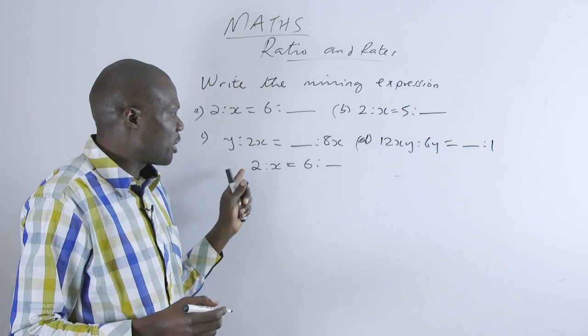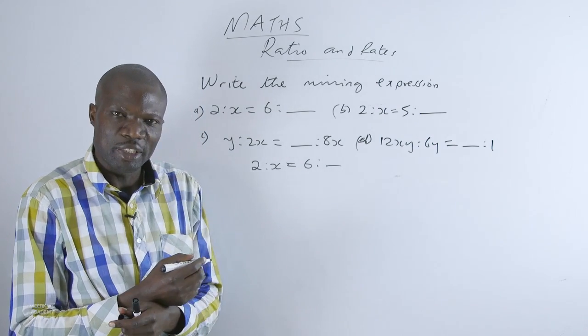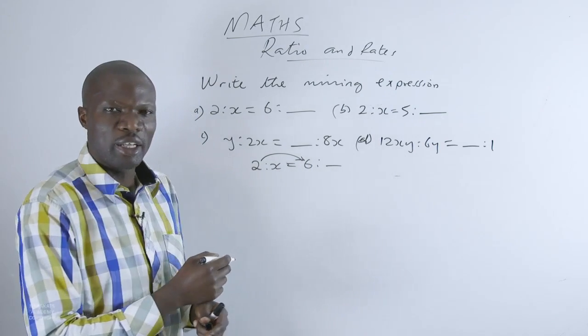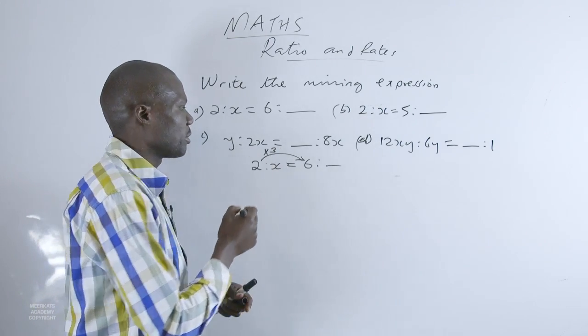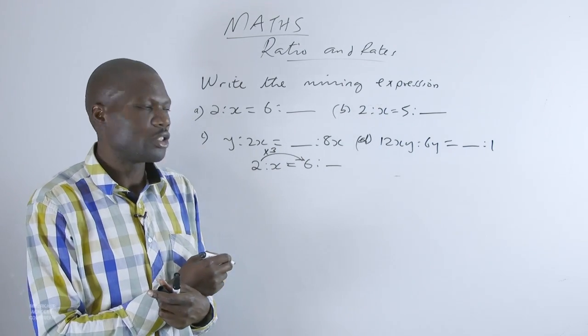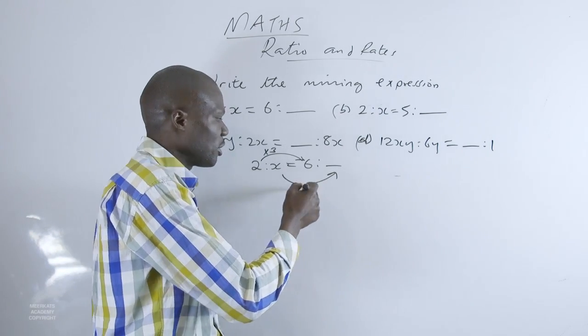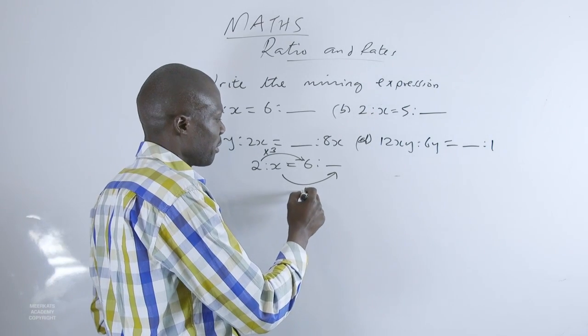So what happened to 2 so that it became 6? You realize when you look at the 2 here, the relationship is that 2 times 3 is 6. The same should apply to x. So this one will be the same as x multiplied by 3.